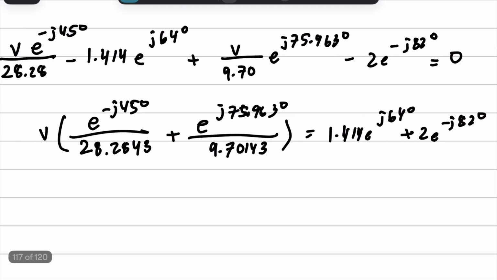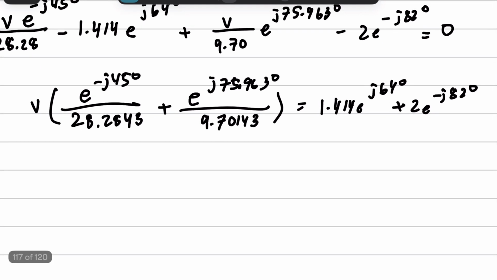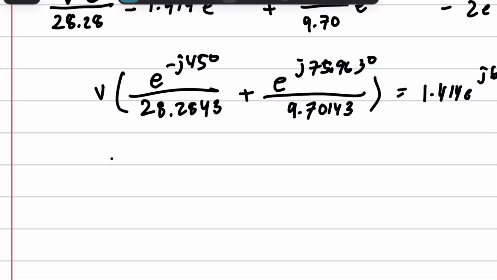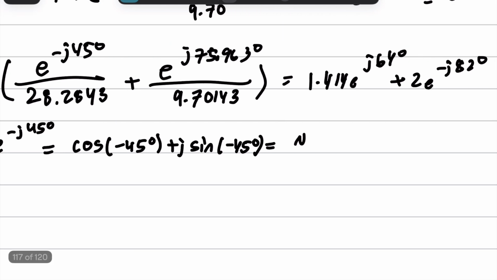Now we have to combine all of these in phasor form, but we can't really combine them in phasor form. So instead we're going to turn this back into the rectangular, complex version, add them up, and then divide it out. Using Euler's identity, cosine theta plus j sine theta, e^(-j45°) is going to equal root 2 over 2 minus j root 2 over 2.